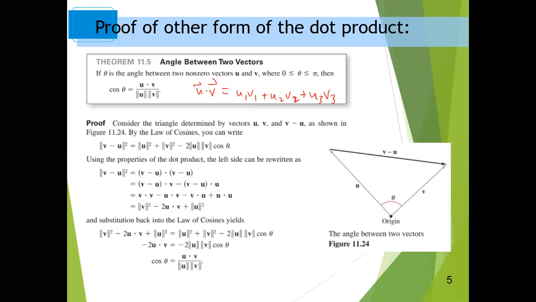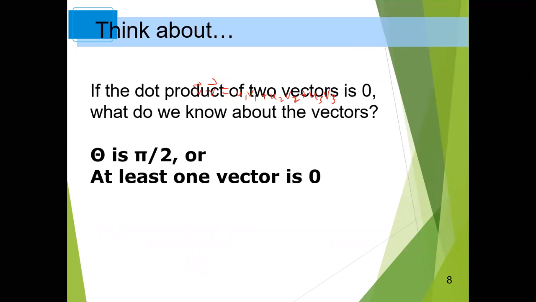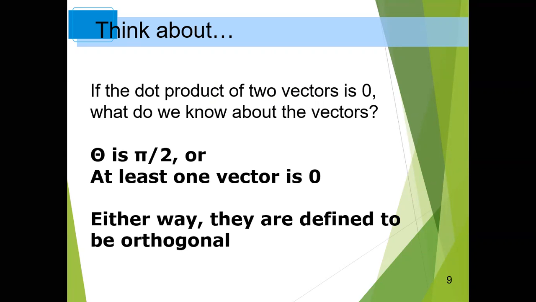So again, another way to write this, well, first of all, we also realize that if the vectors are at 90 degrees to one another, then the dot product is 0, yeah? Because the cosine of 90 degrees is 0, right? But another way that the dot product could be 0 is if one of the vectors is 0, so we had to invent a whole other term to encapsulate the fact that the dot product is 0.